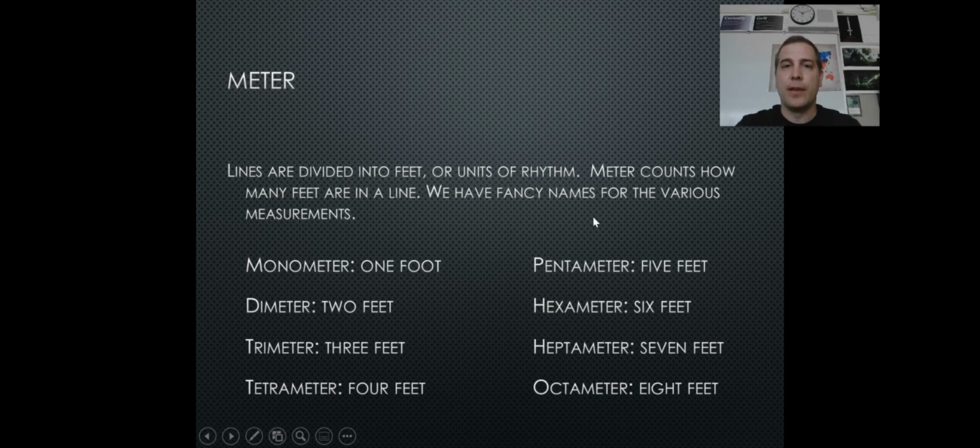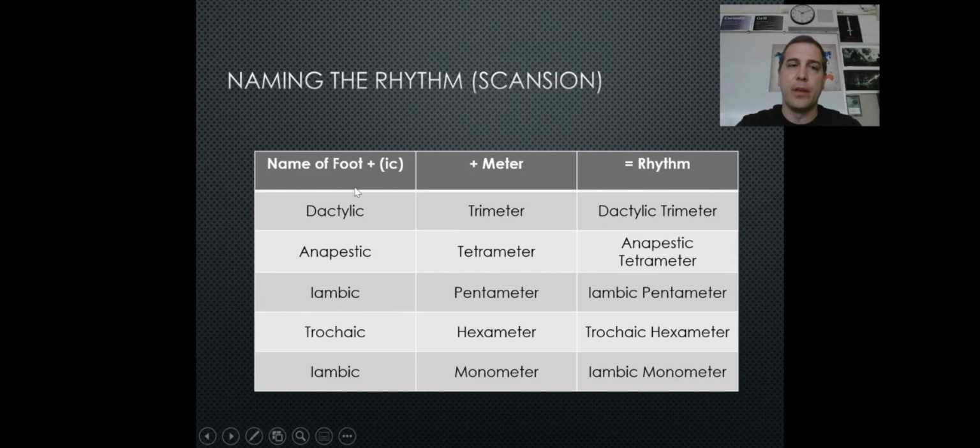And so there's a little formula for referring to the rhythm of a poem, right? You take the name of the foot, such as dactyl, and put an IC. Dactylic trimeter would mean that the poem is written in dactylic trimeter, right? Anapestic tetrameter would be anapestic tetrameter, right? Iambic pentameter would be iambic pentameter.